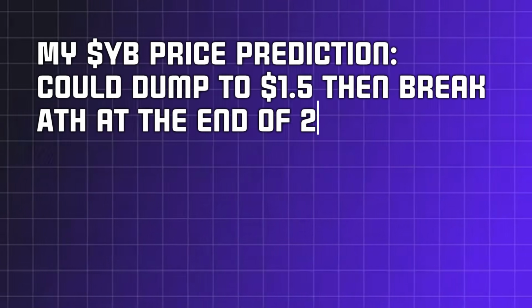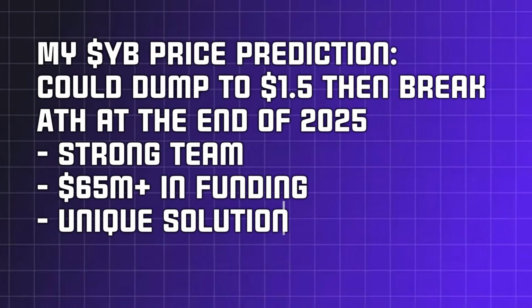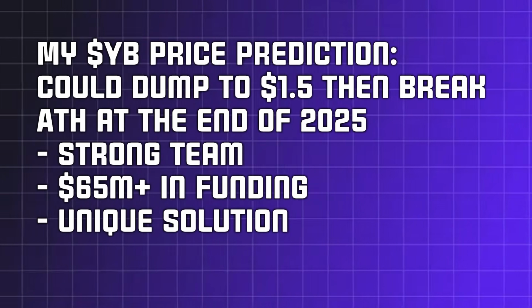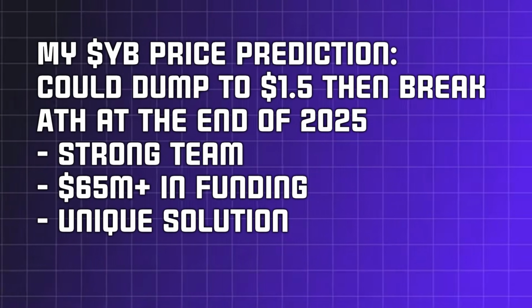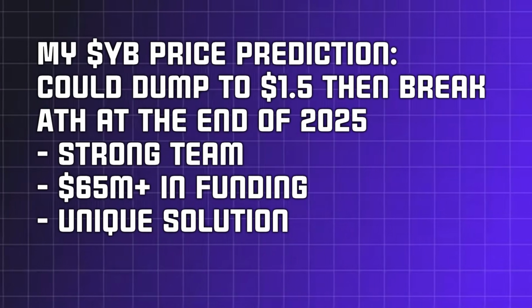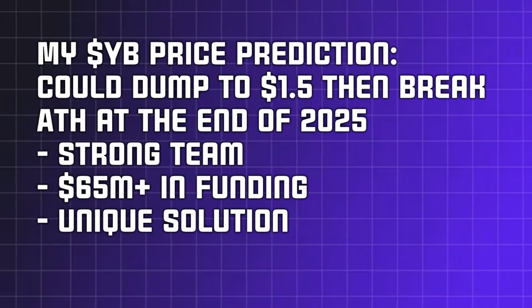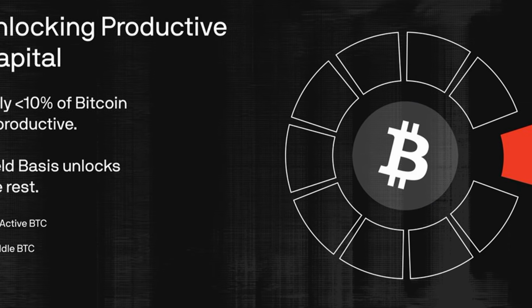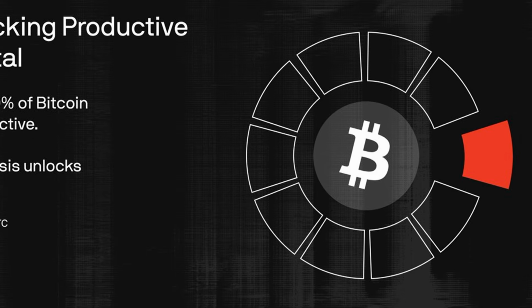From there, the token might see a slight dump to $1.50 by pre-sale participants in the first few days of trading. At the end of 2025, YB could bounce back, breaking the all-time high thanks to the strong team, millions in funding, and a one-of-a-kind solution to Bitcoin DeFi impermanent loss. If this actually works, Yield Basis will open the door for the massive Bitcoin liquidity sitting idle.